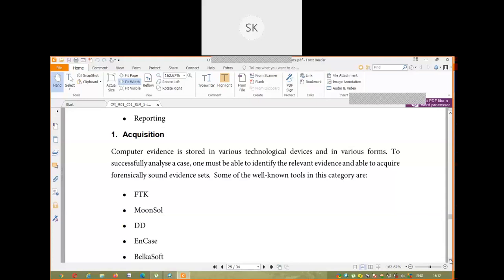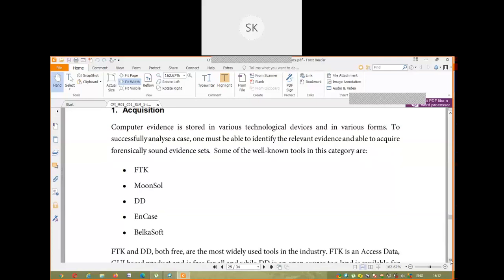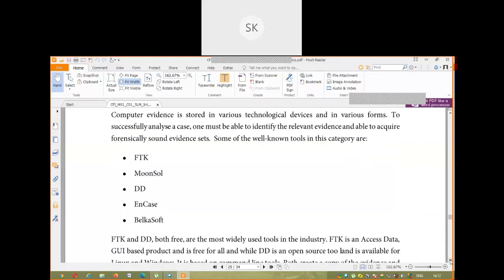So one of the tools is FTK, okay, and then Moonsoul, DD. These are free of course. DD, Encase, Valcosoft. These all are acquisition tools.